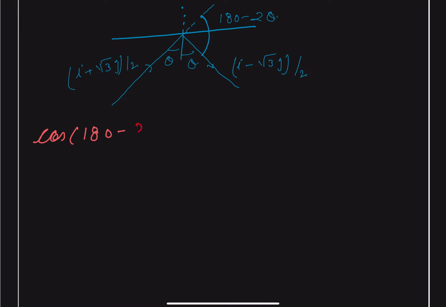So now we can use the straightforward formula that cos of (180 minus 2 theta) will be equal to the dot product of the two vectors.